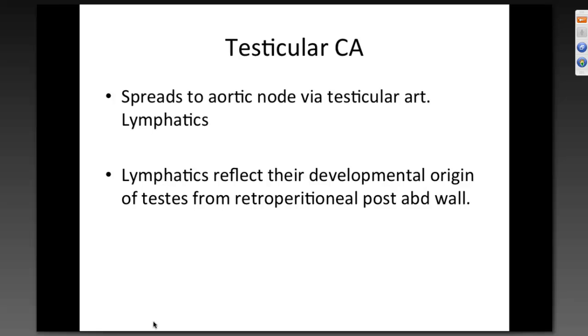So they moved, but the lymphatic passageway reflects more where they started out than where they ended up. So it's just one of those weird things. It is not one of the things that you need to visualize and remember what it looks like, the same way that you needed to do the hepatic portal vein. You just need to remember that the right testicular cancer metastasizes faster than the left to the aortic node.